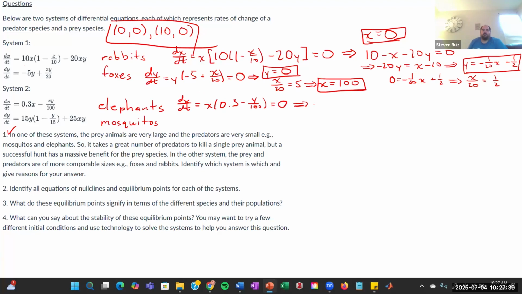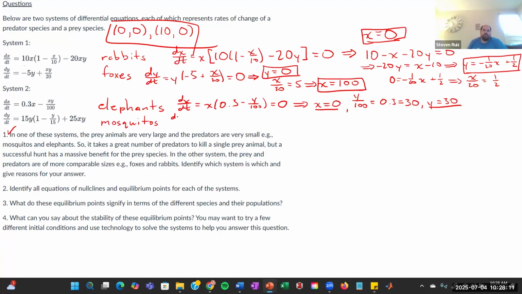So that gives me x equals 0, and y over 100 equals 0.3, which equals 30. So two null lines: x equals 0 and y equals 30. Those are both my x null lines for this system.